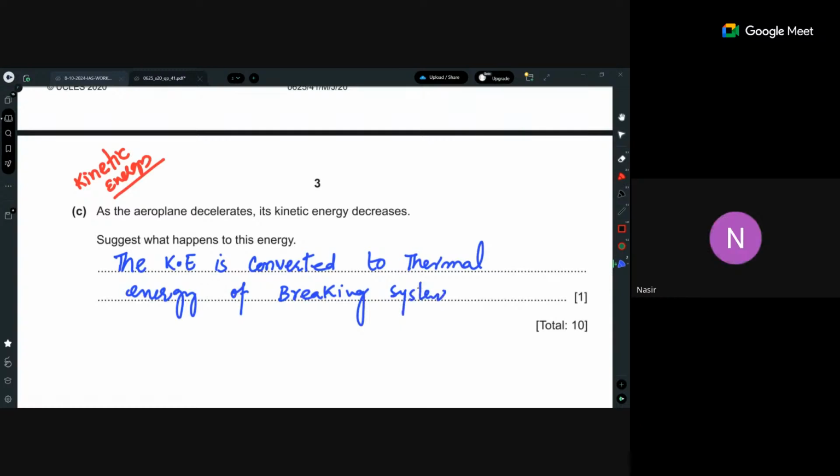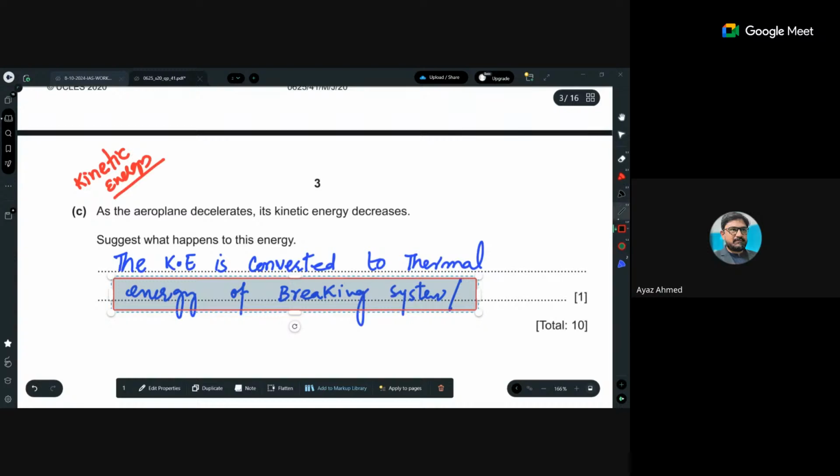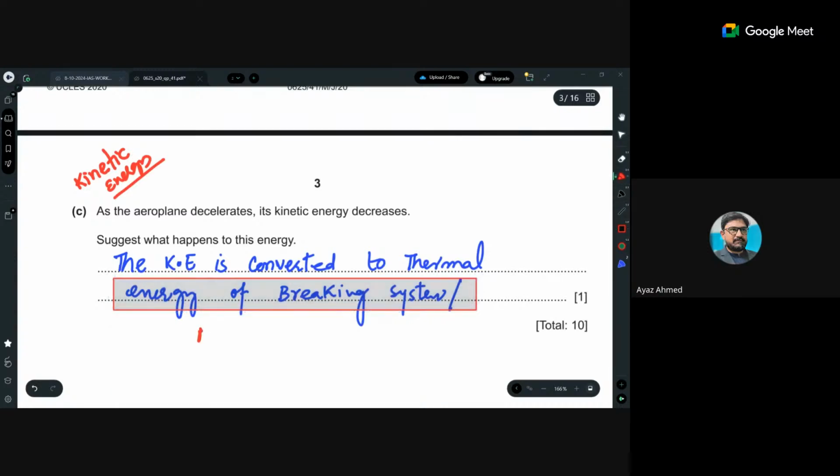So what if we don't write the braking system part? Will we lose a mark? No, no issue. Okay, thank you. It is not mandatory.